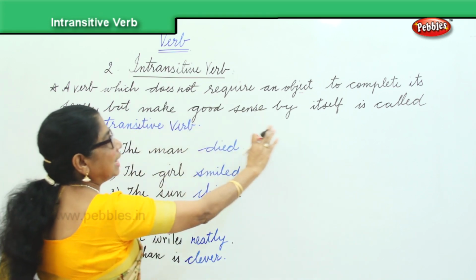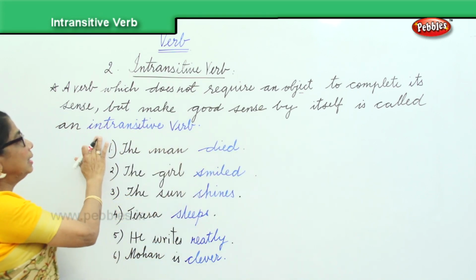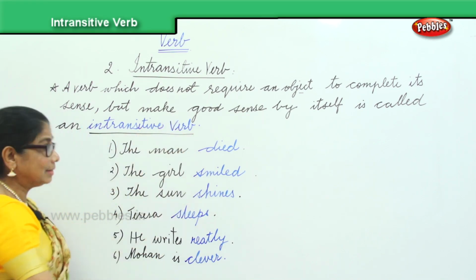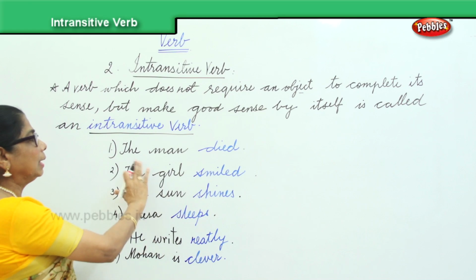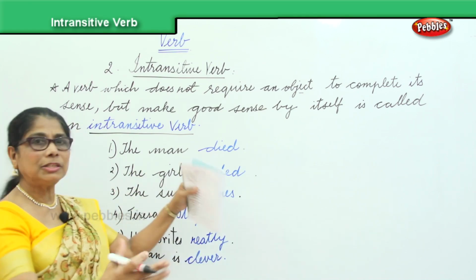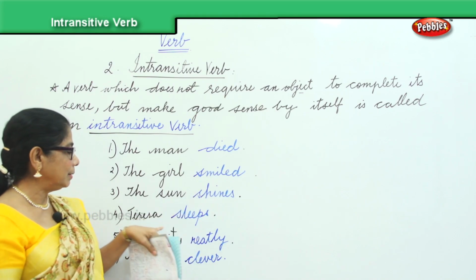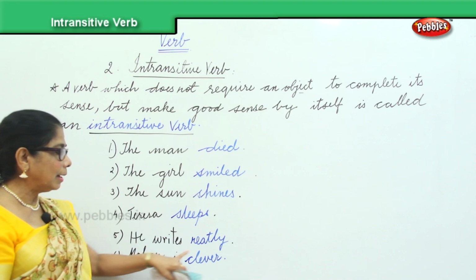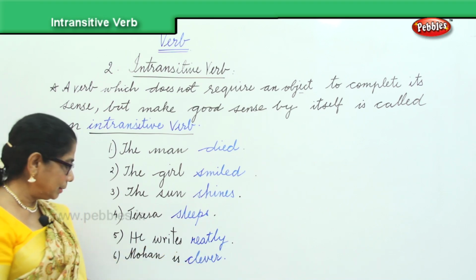Look at these sentences. It does not need an object. The man died. Teacher wrote. Girl smiled. Sun shines. She sleeps, on the bed or floor anyway. He writes neatly, whatever he writes.